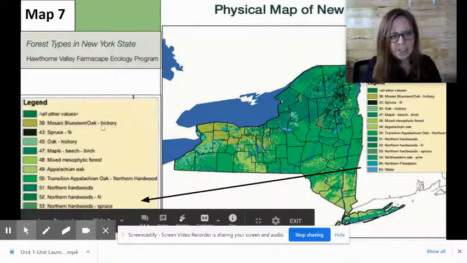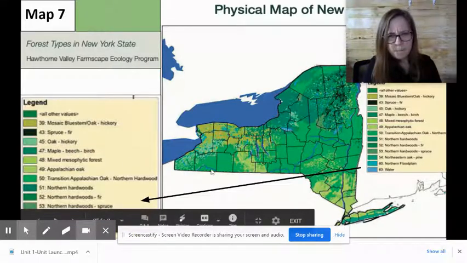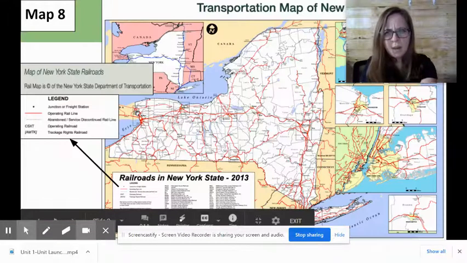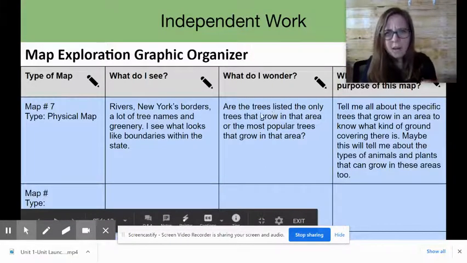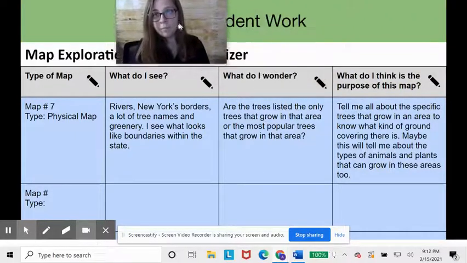I saw that there's hickory, spruce, oak, maple, but then in some areas, friends, there's only that one color. So I put that in my wondering. I wonder, are the trees listed the only trees that grow in that area? Or are they the most popular trees that grow in that area?